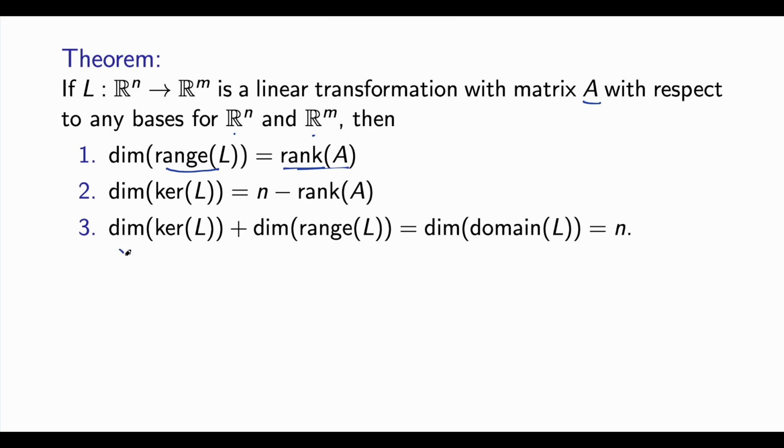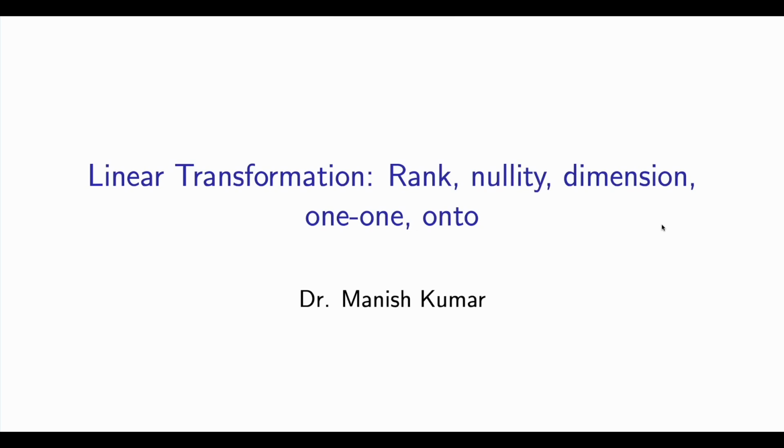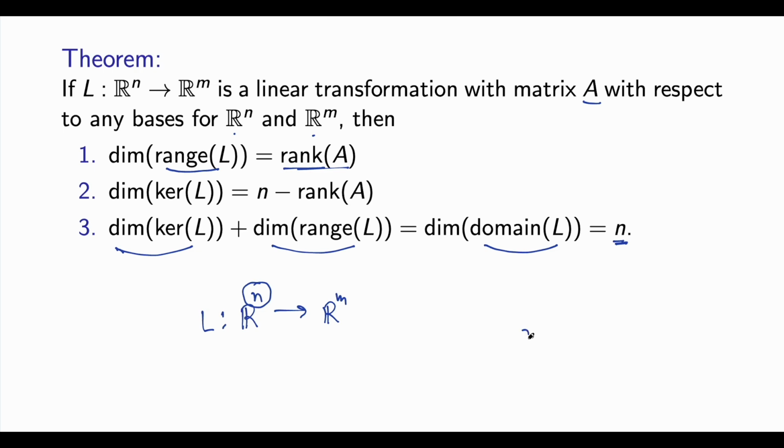So now the third one: dimension of kernel plus dimension of range is equal to the dimension of the domain of L, which is n, right? So basically Rn, if you have Rn to Rm, and L is a matrix of transformation or linear transformation. So this n was broken into two pieces: let's say k is the rank, then nullity will be n minus k, right?